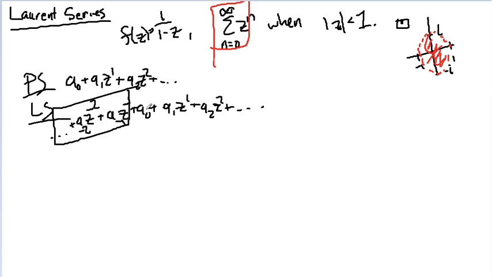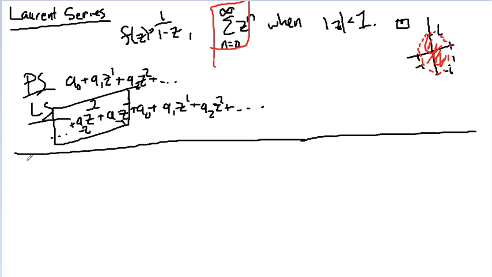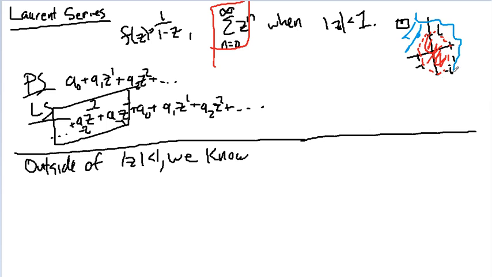And how would we do that? Well, let's take a look. So outside of the modulus of z less than 1, in other words, if you consider the blue region out here, that's the region where the modulus of z is bigger than 1.